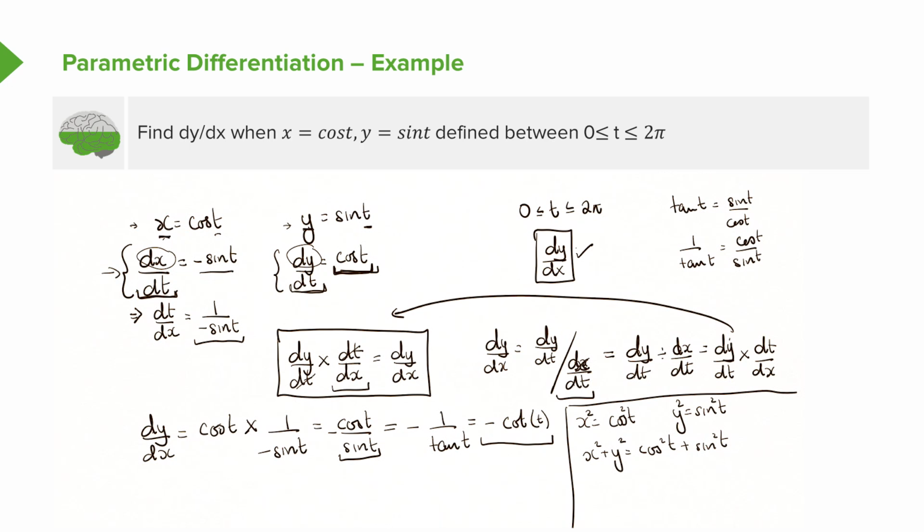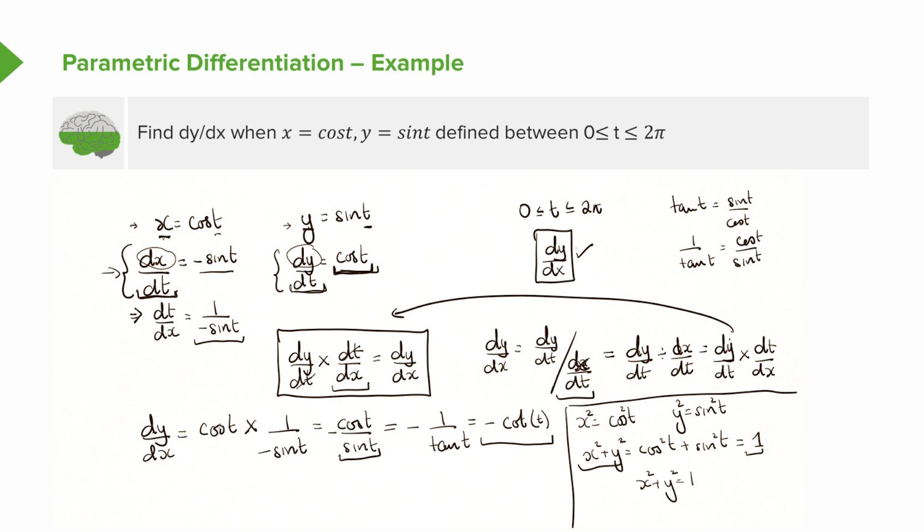Look at your identities, and hopefully you'll remember that cos squared x plus sine squared x is the same as 1. So now if I just write the left side and the right side, you get x squared plus y squared equals 1.